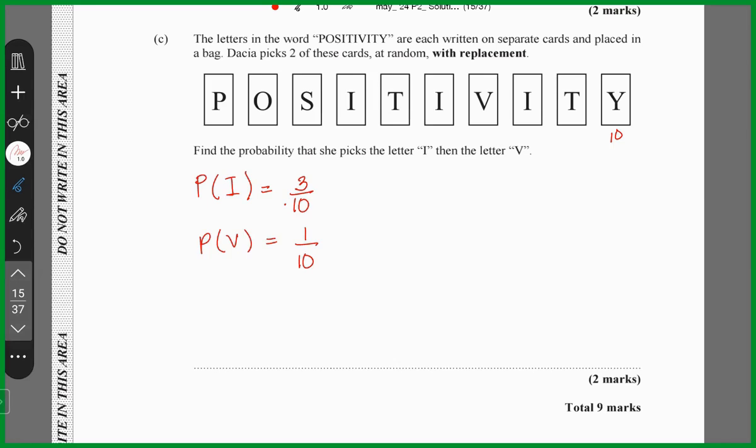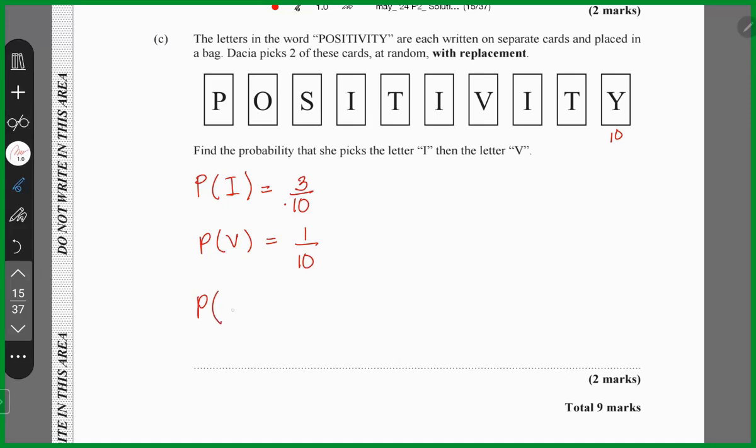And so the probability of getting a V would not have been 1 out of 10. It would have been 1 out of 9. So the fact that she replaced the card after she took out the I, looked, saw it as an I, and put it back in the bag, the probability of getting an I and then a V are independent events.